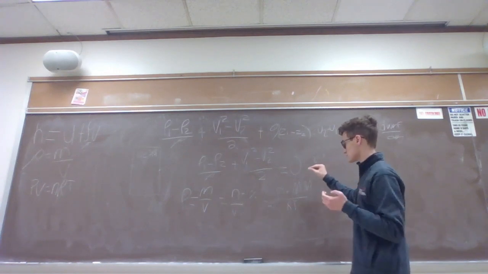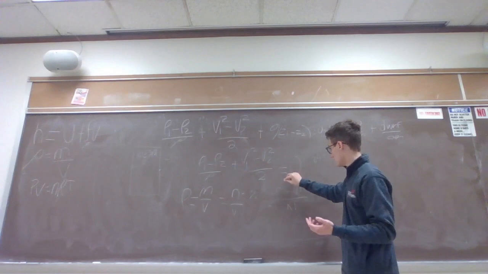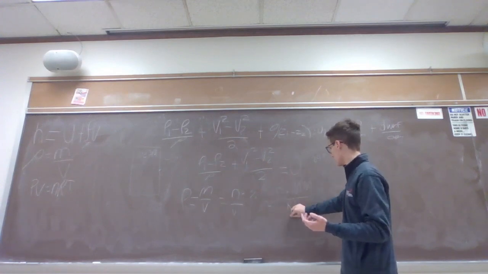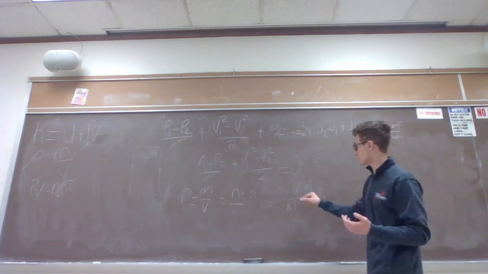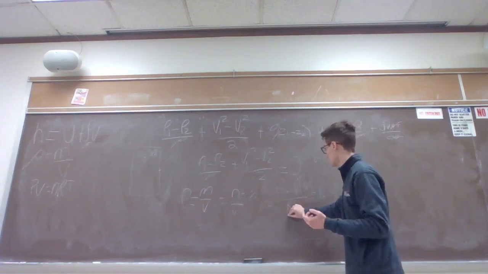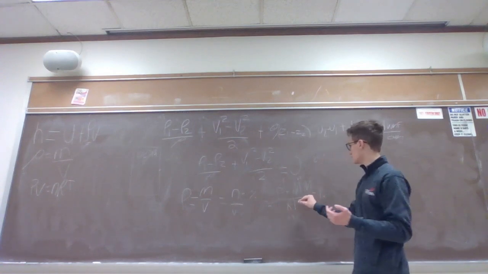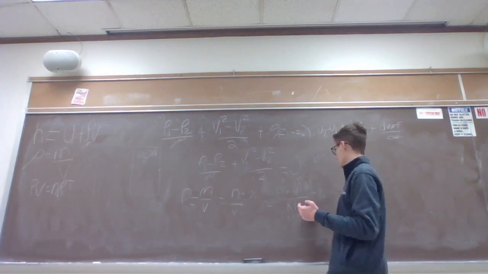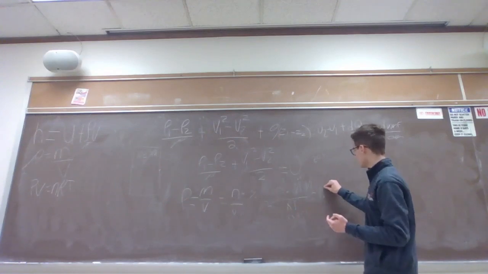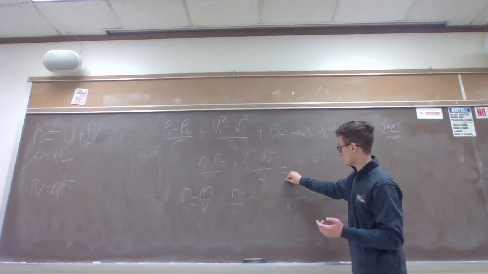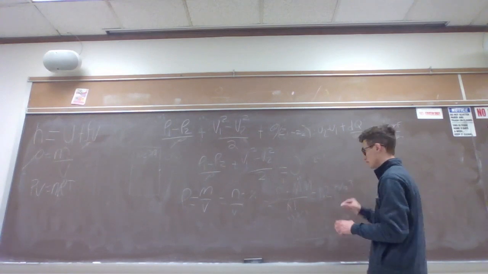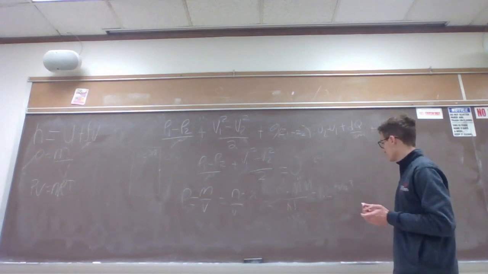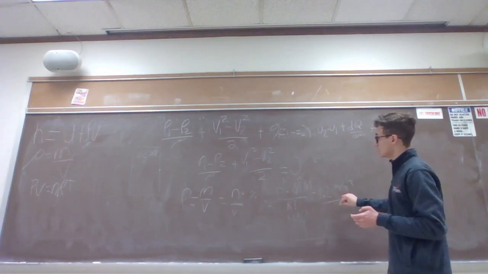And when you plug in pressure, R, and the temperature, you end up getting, as we would do this at atmospheric, so this would be 1, this would be 29, this would be 8.3, and then this would be 273. You would get 1.2 kilograms per meter cubed.